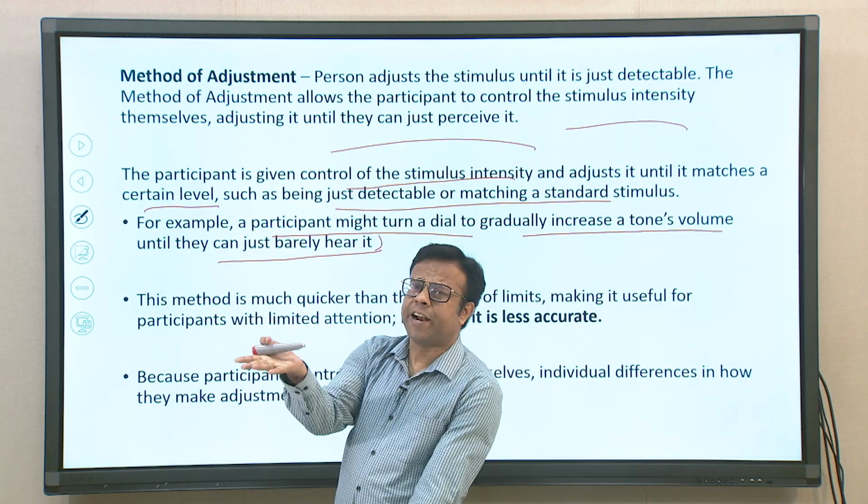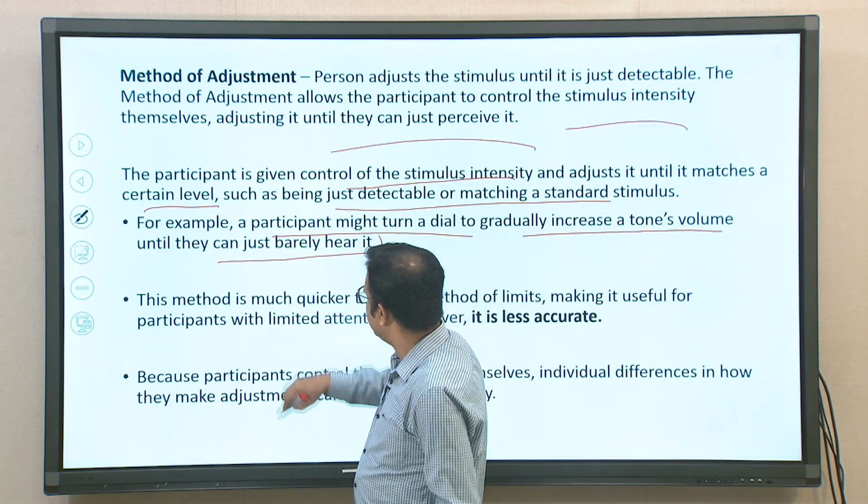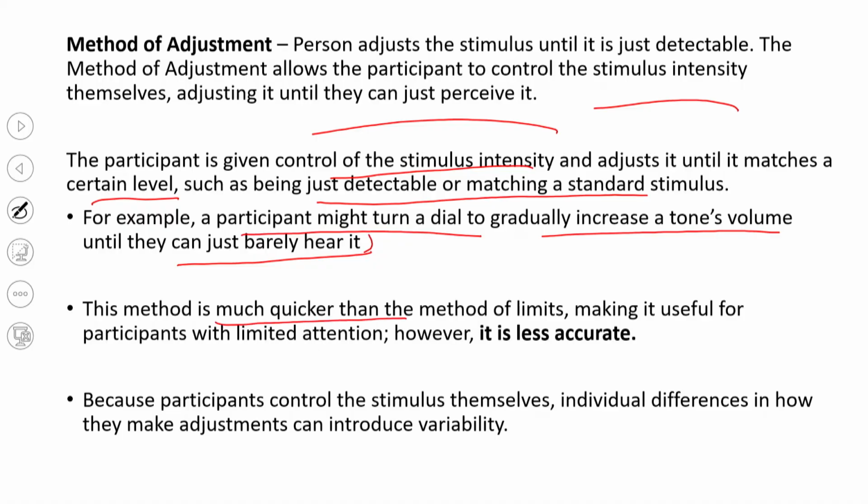Now, this method has certain advantages and disadvantages. Method of adjustment: this method is much quicker because the participant can adjust it according to themselves. So, it takes less time as compared to method of limits, making it useful for participants with limited attention. So, participants with limited attention can also do it on their own, but the problem is it can be less accurate. Why less accurate?